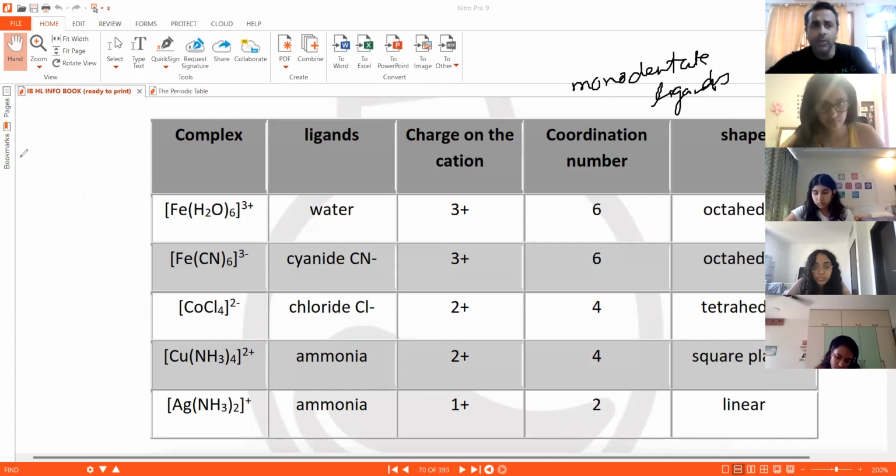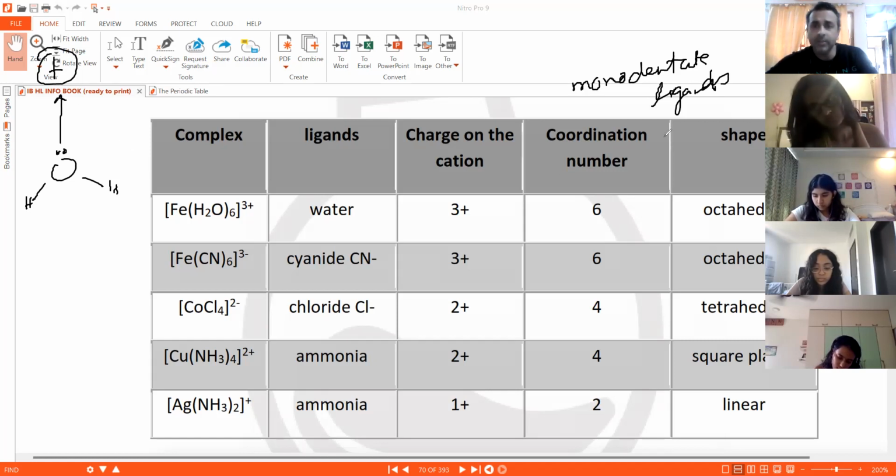Like we know that the water molecule will only form one coordinate bond with the central metal ion. So that's monodentate. Bidentate and polydentate we'll see in some time.